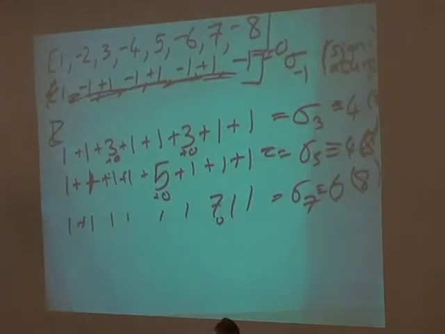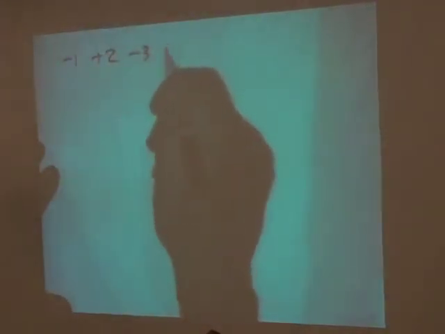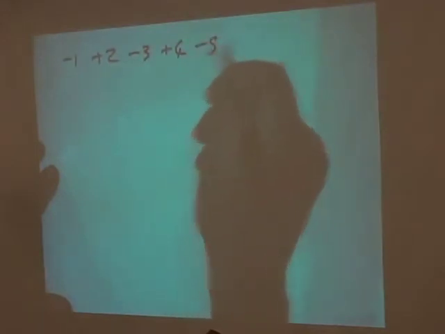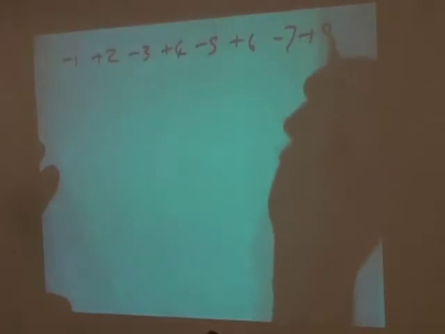Okay, but I think now I had better take a case where, this form looks very nice, but it didn't actually involve the adjustment. So instead I'll start with -1, +2, -3, +4, -5, +6, -7, +8.